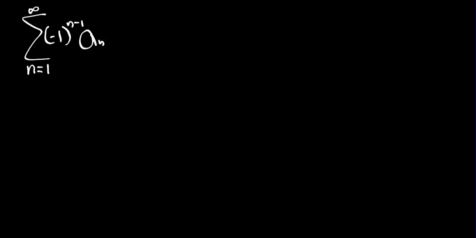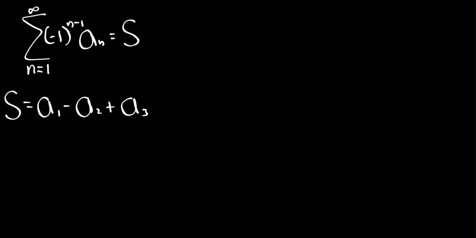Let's suppose we've got a convergent alternating series. And in fact, let me say that the sum of this series is S. And so we could say S is equal to A1 minus A2 plus A3, and we could keep going on and on with that, minus A4, plus, minus, all the way out to some A sub big N. Okay?